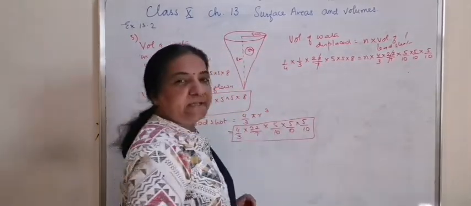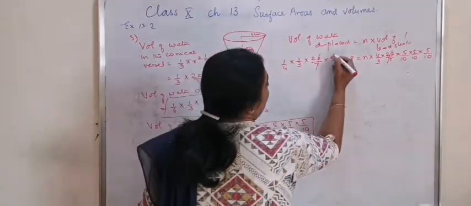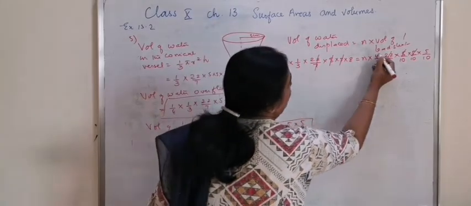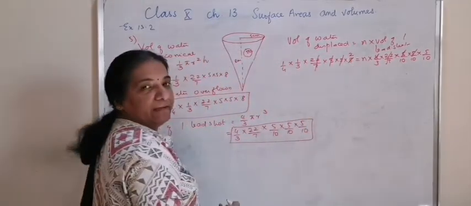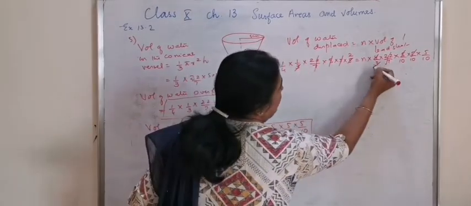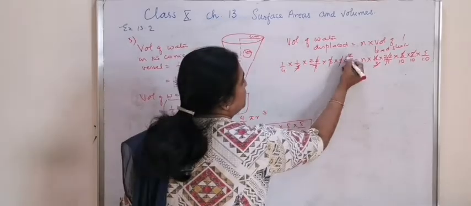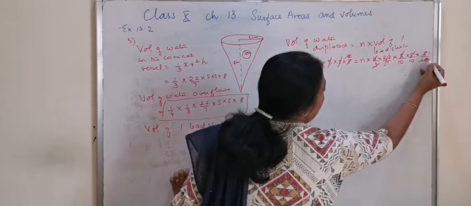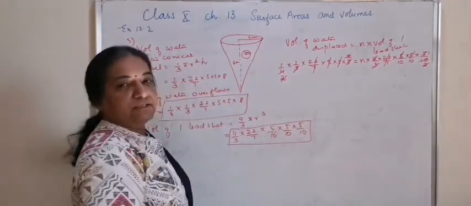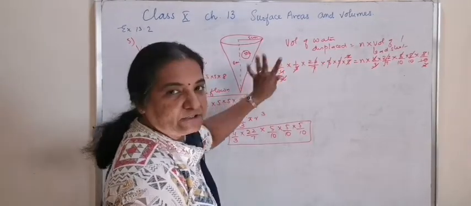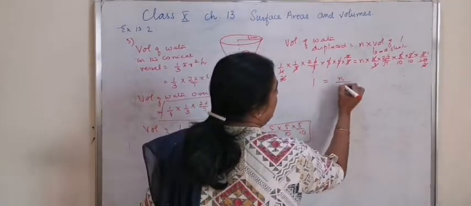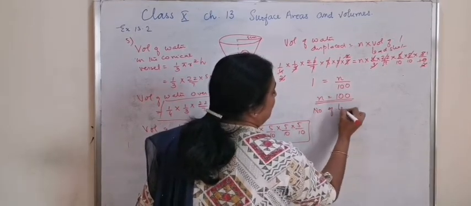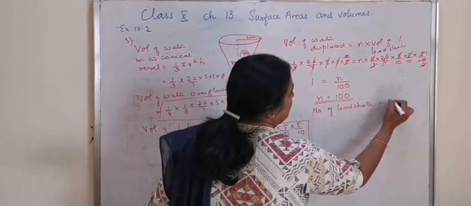22/7, equal quantities, can be cancelled from both sides. Again, 5, 5, 25, here also 5 and 5, 25. Then 4 1s are 4, 4 2s are 8, then this 3 in the denominators cancels, again 2 with 4 as 1/2, here 5 and 10 as 1/2, this 2 gets cancelled with this 2, so that all the numbers are simplified on the left hand side. 1 is equal to n/100, or n is equal to 100, which shows that the number of lead shots is equal to 100.